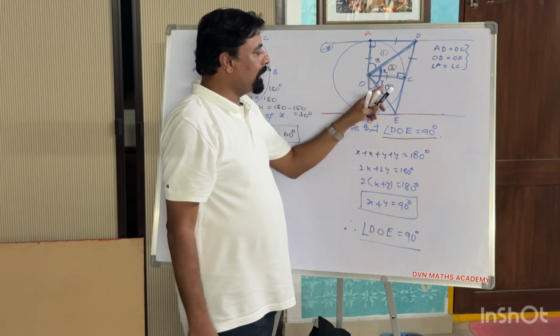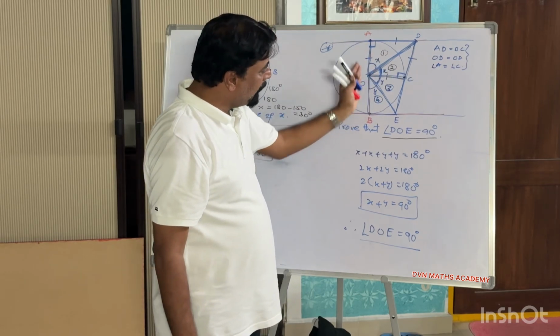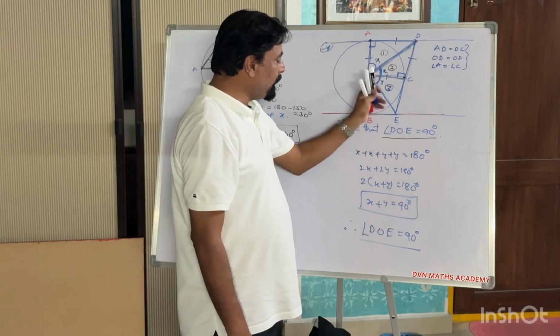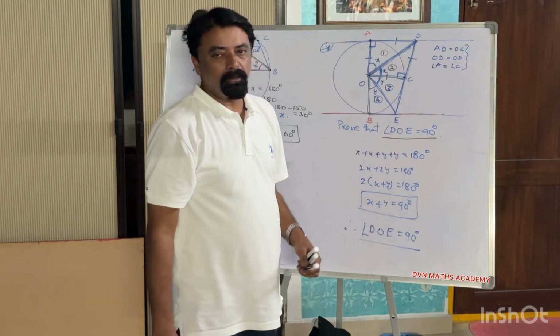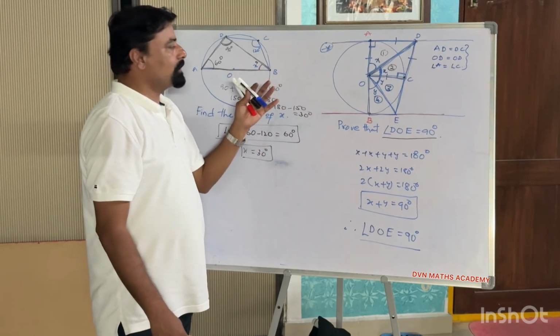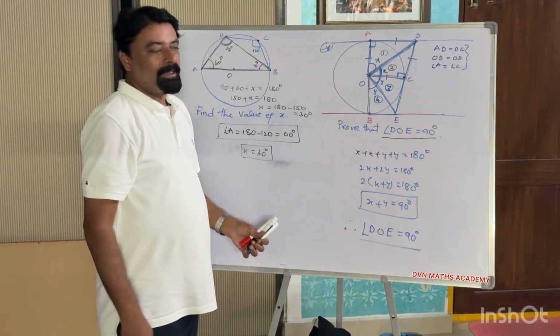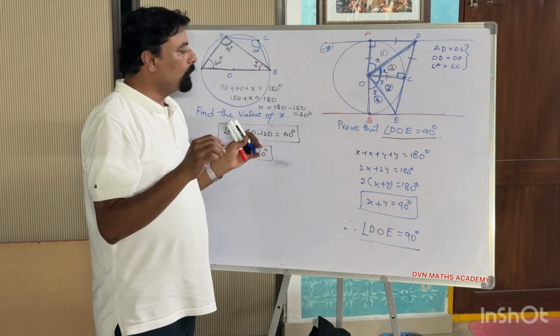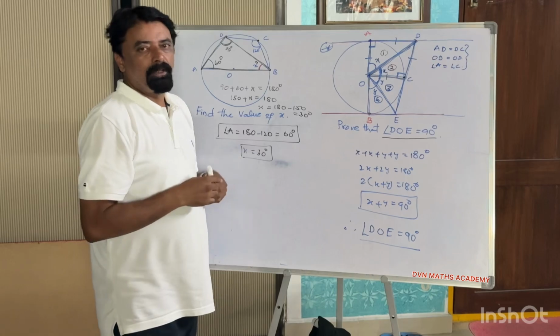So these two angles are equal and these two angles are equal, and the angles on the same line will be equal to 180 degrees. By that you can prove this angle is equal to 90 degrees. Like this we can prove and solve these two questions. When a student learns these concepts practically, he can easily do these types of questions.